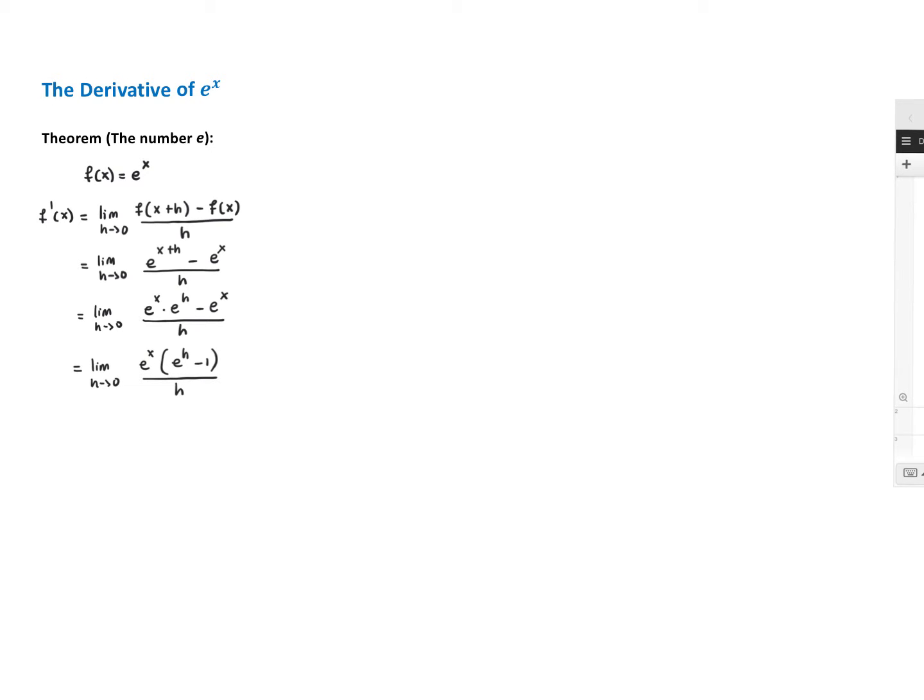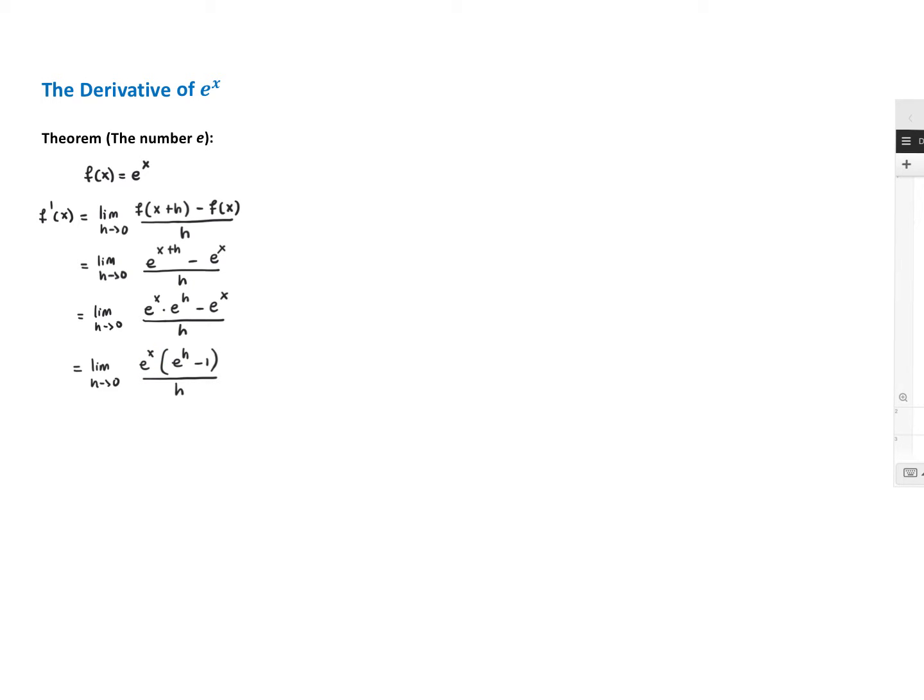Now, a crucial step. We know by now that the variable that appears under the limit is really the variable that we need to focus on. What I mean by that is the following. Here I have h and x, but h is really the variable that is being taken by the limit.